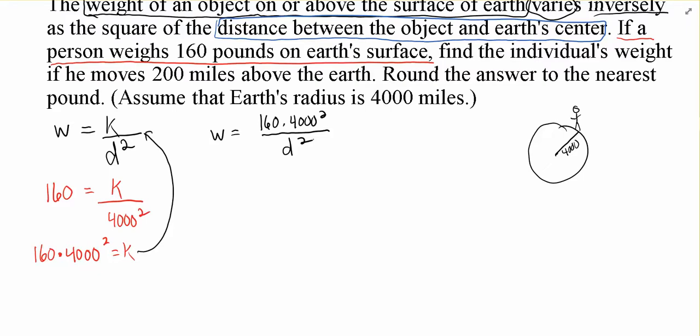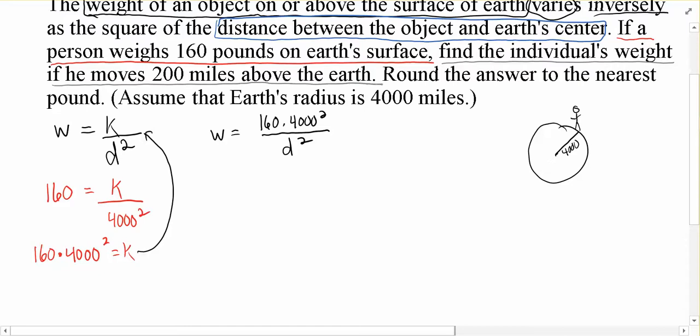Now for a word problem, we have one extra step involved. And that extra step is to answer the actual question. Find the individual's weight if they move 200 miles above the Earth. This can be a little bit tricky because it's tempting to say our distance is 200. But that's not the case.